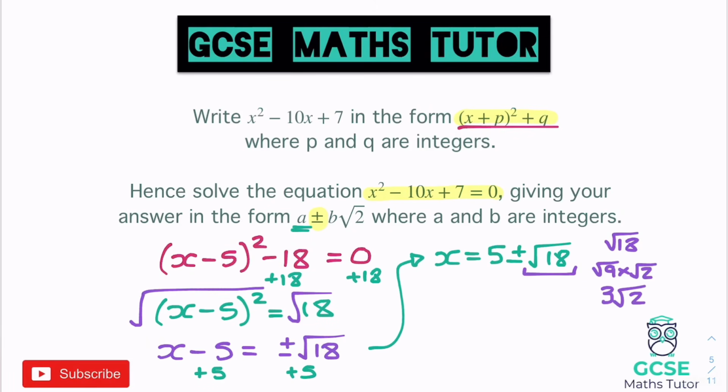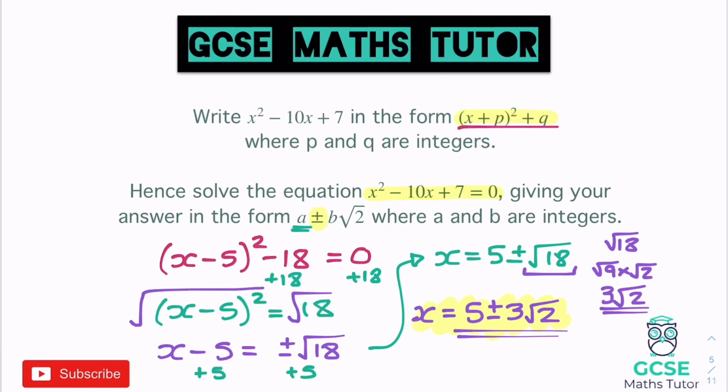So our solution, getting it in the right form there, is x is equal to 5 plus and minus 3 root 2. There we go. And that is now in the format that the question's asking for, and we have got our solutions there in surd form.